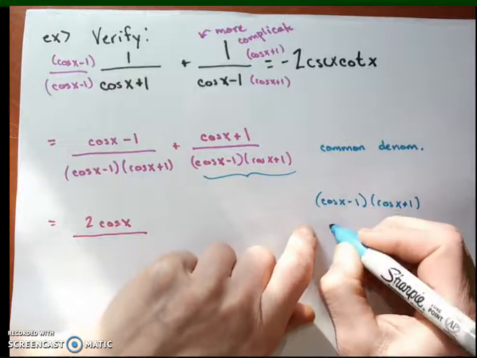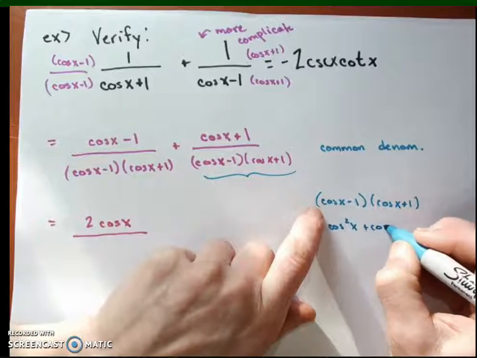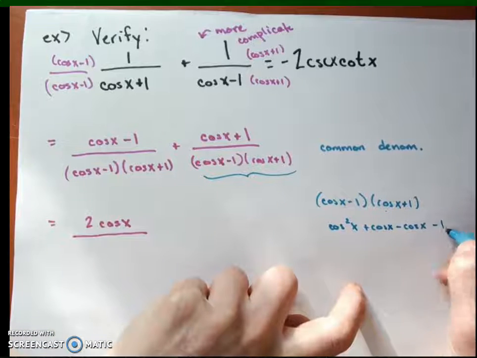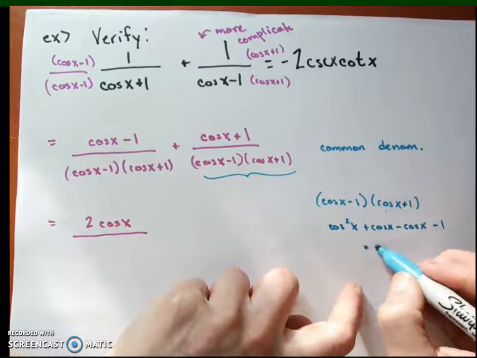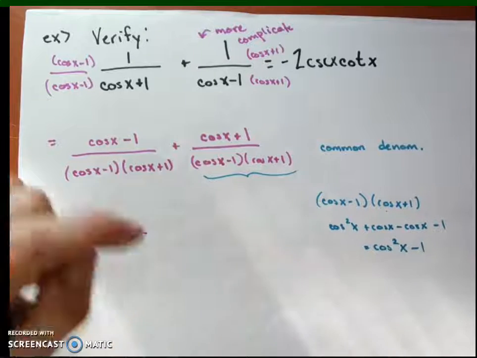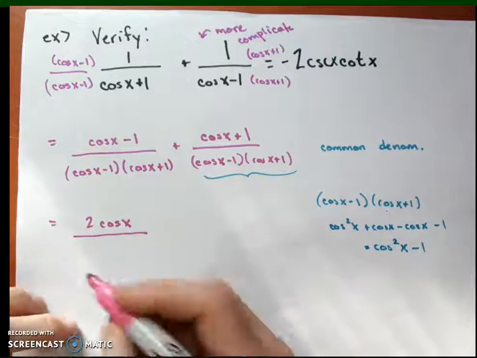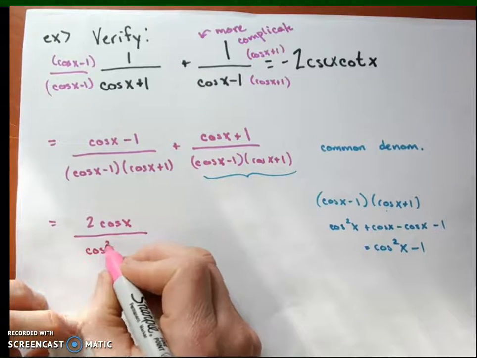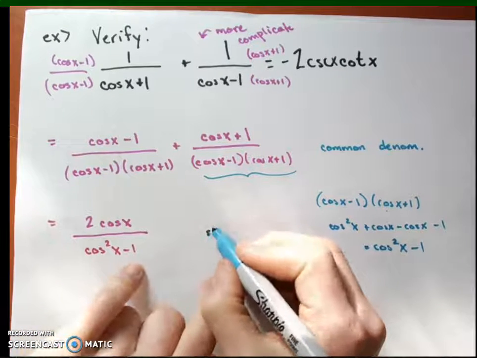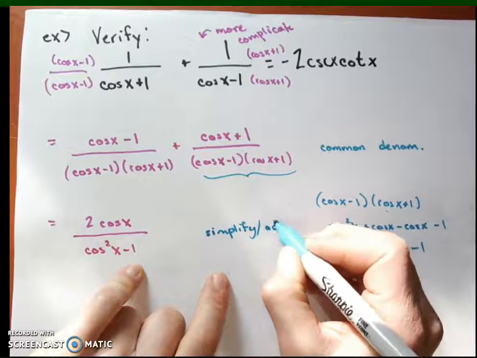So first is cos squared x, outer is cos x, inner is minus cos x, and last is minus 1. So when I multiply those terms together, I get cos squared x minus 1. So that's my denominator. And so what I used here is just simplify, add fractions.